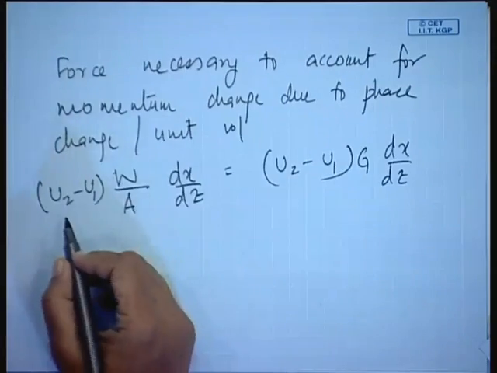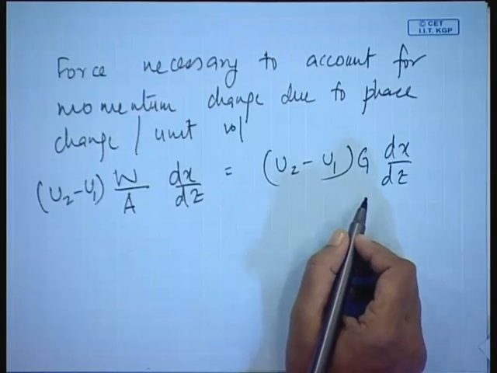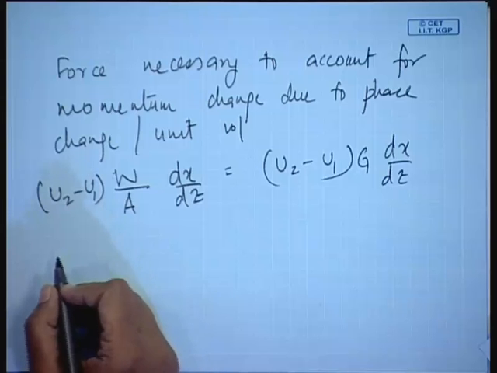And importantly, how it will be shared depends upon a large number of factors, whether it is boiling, whether it is condensation. The fraction of this force which will be taken by phase 1 and by phase 2 depends upon a number of things.